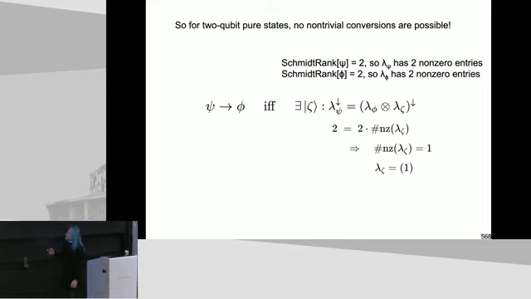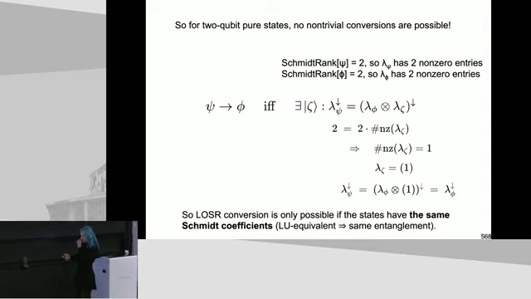So this is a single vector with a single entry, which is 1, which means we can basically ignore it. Tensoring by this vector does nothing. So this lambda_psi vector has to be equal to the lambda_phi vector. The only way to have a conversion from psi to phi is for the vectors of Schmidt coefficients to be equal, which means that those states are basically equivalent.